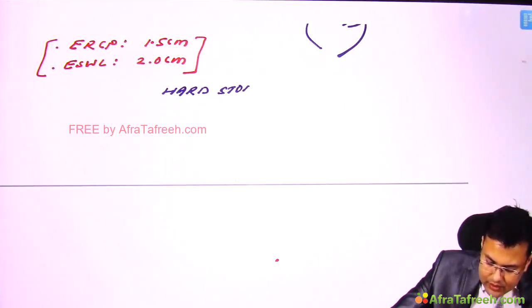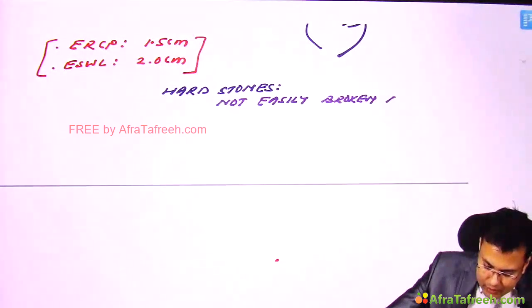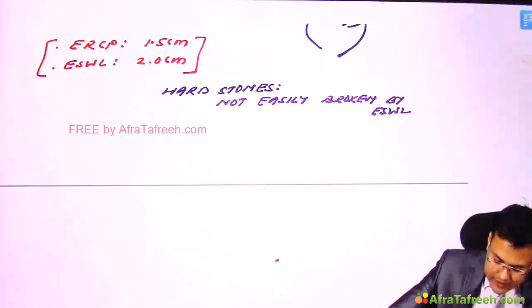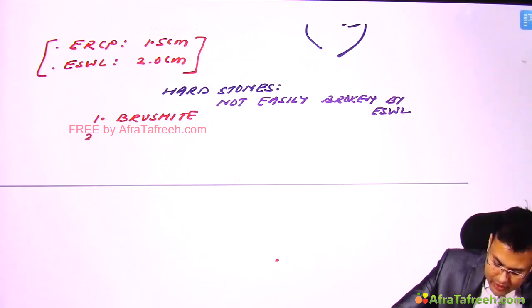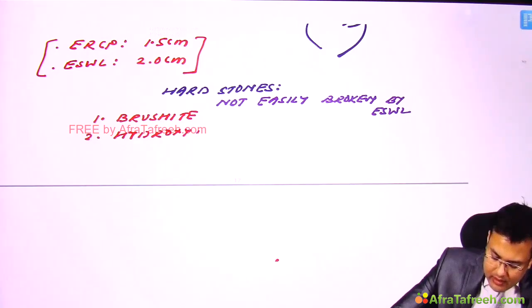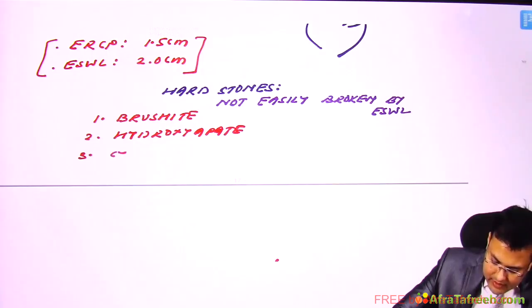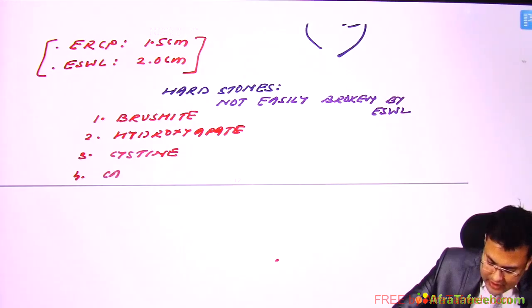Hard stones not easily broken by ESWL: first, brushite. Second is hydroxyapatite. And third, cystine. And the fourth is calcium oxalate monohydrate.